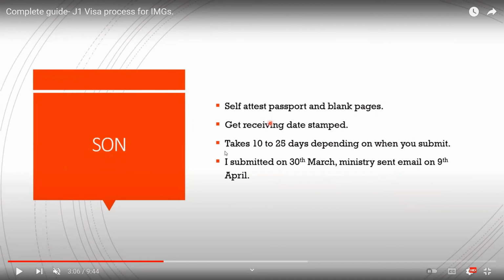This is how many days it took. It takes 10 to 25 days depending on when you submit. If you submit early and no one else has submitted, it will take 10 days. Otherwise, it can take up to 25 or even more. I submitted on 30th March and the ministry sent an email to me on 9th April that my SON was accepted and they mailed it back to me.